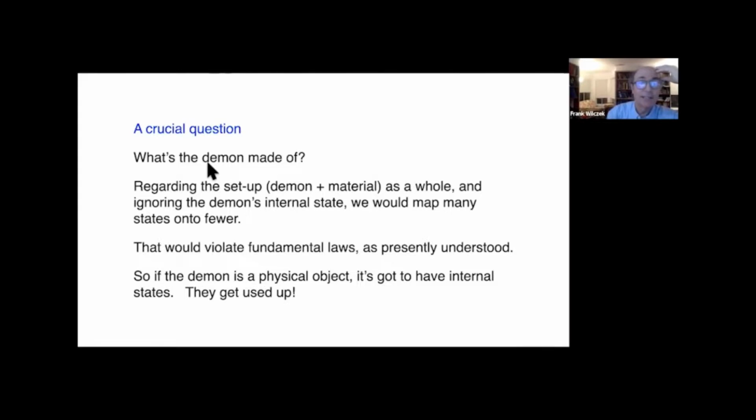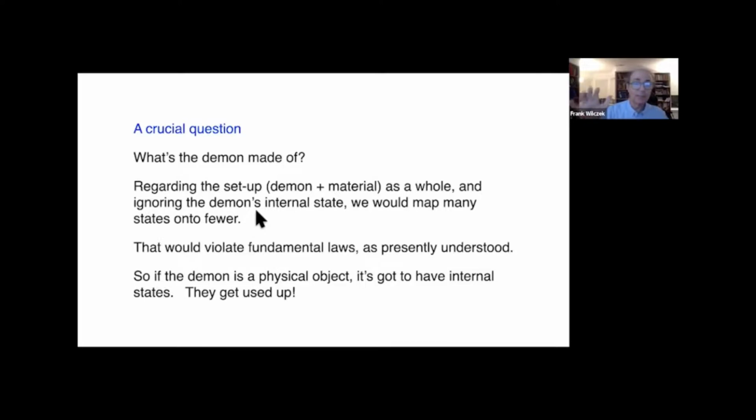There we asked that. Here we should ask, what is the demon made of? If we regard the complete setup of demon and material as a whole, and we ignore the demon's internal state, we would be mapping, that is, in this process where the demon is allowing the hot molecules through but not the cold ones, we would be mapping many states of the original system onto fewer ones.